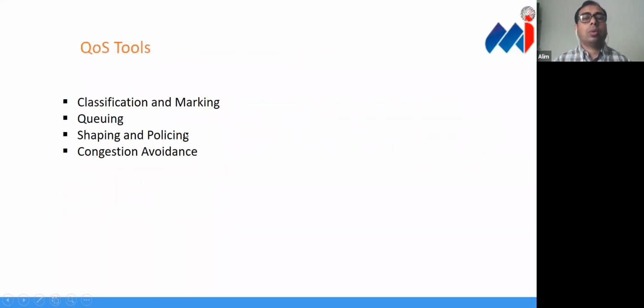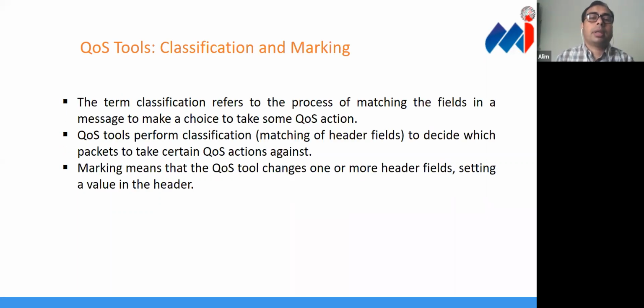Okay, we have different tools for quality of service. One is classification and marking, and queuing, shaping and policing, and congestion avoidance. So what is classification and marking?